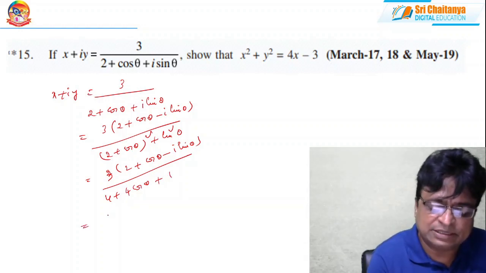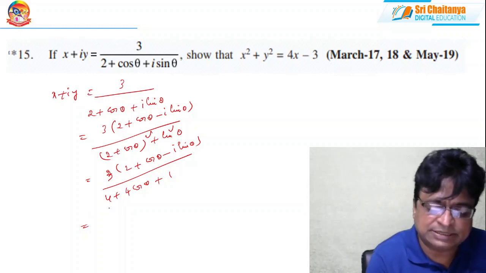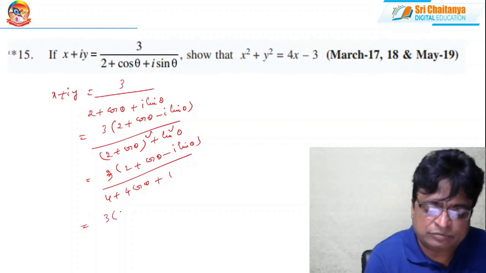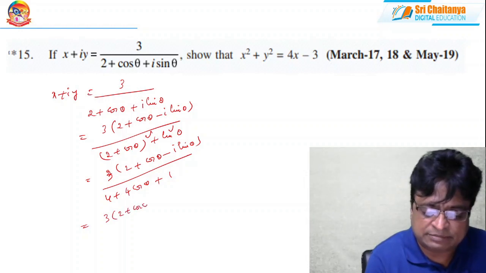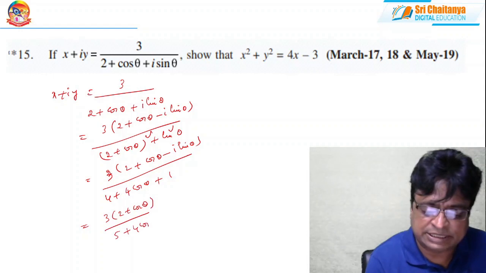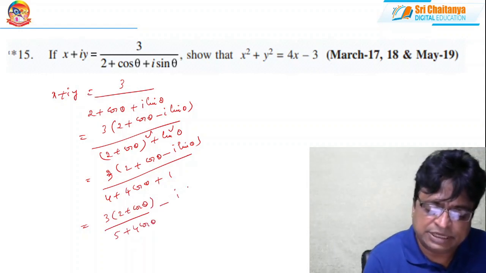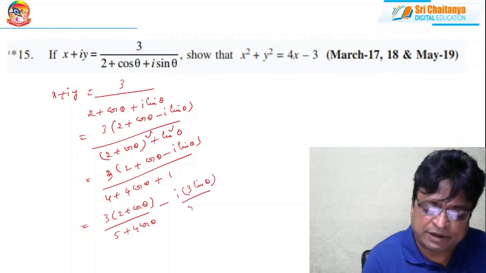So, by separating real and imaginary parts, this is 3 into 2 plus cos theta by 5 plus 4 cos theta minus i into 3 sin theta by 5 plus 4 cos theta.